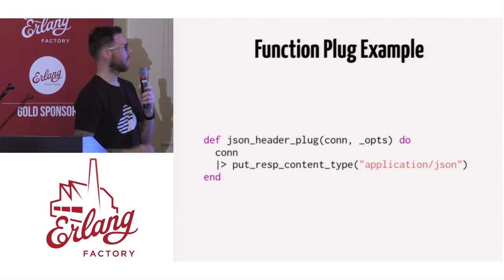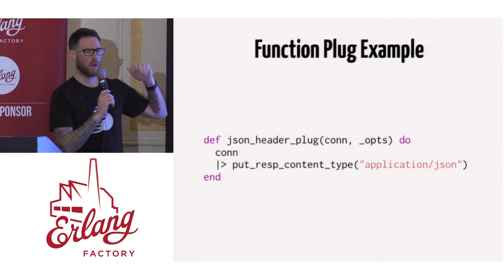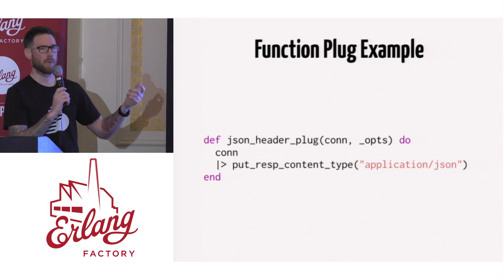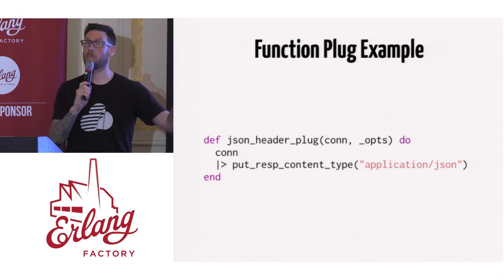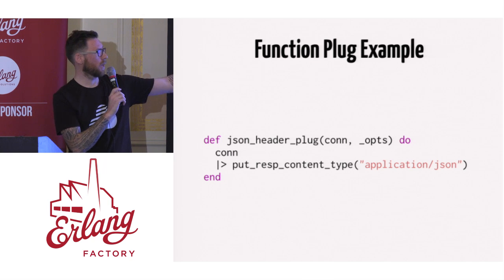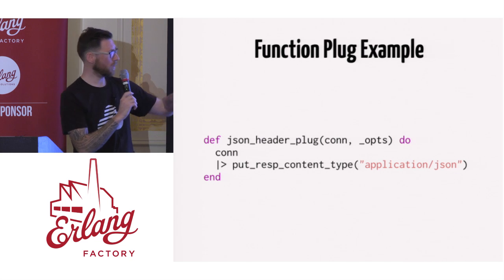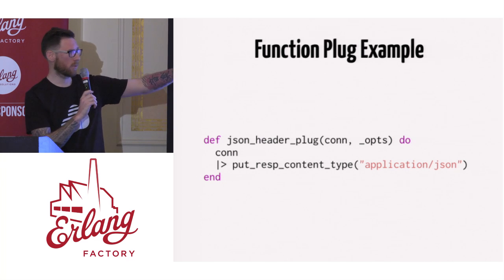And here's an example of such a plug. This one would be for adding the content type of application/json to the response, for instance. You'd write your function here, json_header_plug, which takes in the conn, which is the connection, and then the options. In this case, we don't really care what it is.